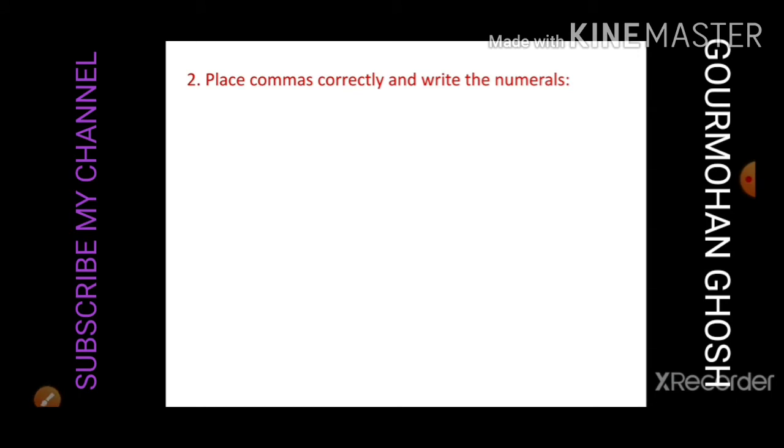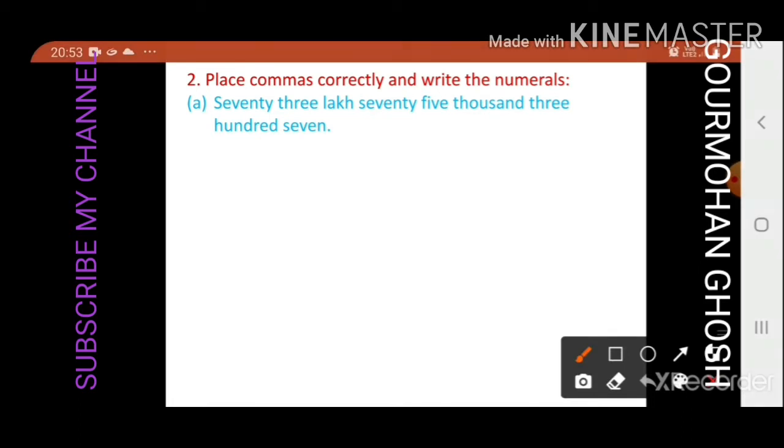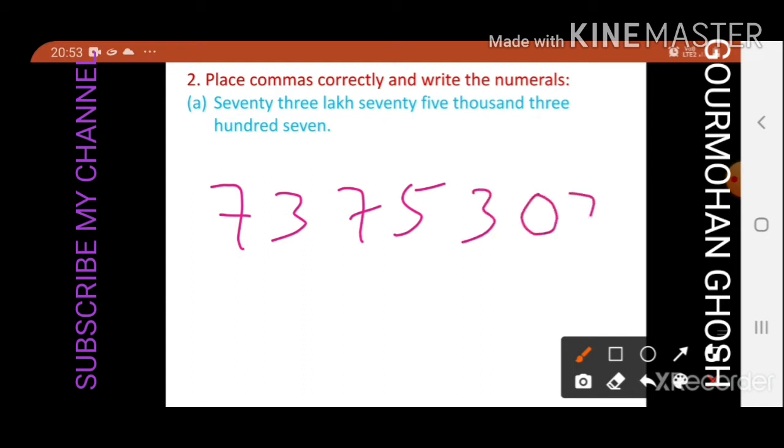Next question, question number 2. Place commas correctly and write the numerals. 73 lakhs 75,000 307.